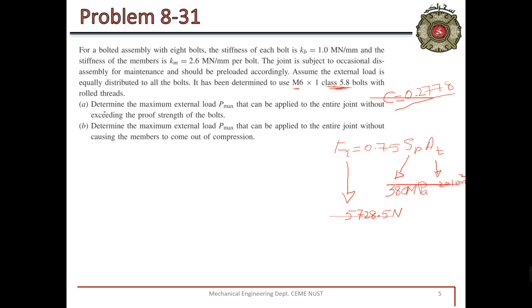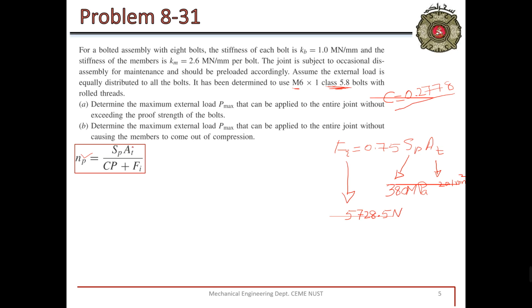And what they have asked: determine the maximum external load Pmax that can be applied to the entire joint without exceeding the proof strength of the bolt. So for that, we have this equation. We have the value of SP. It should not be exceeded, so we have to use NP equal to 1.